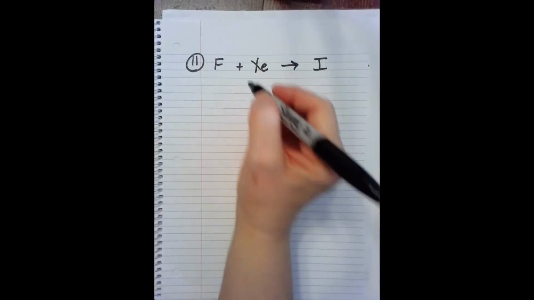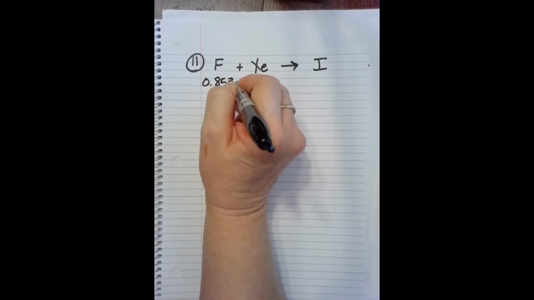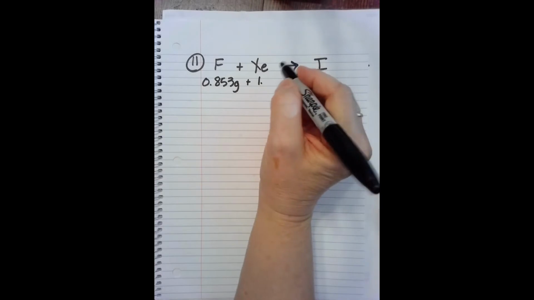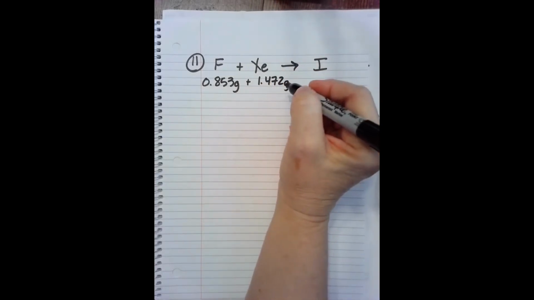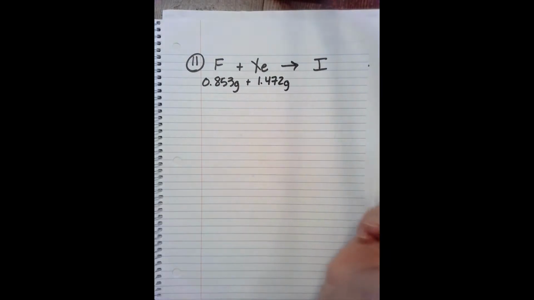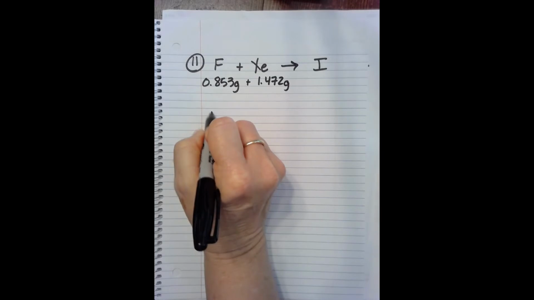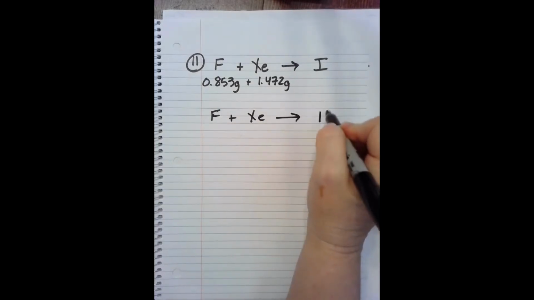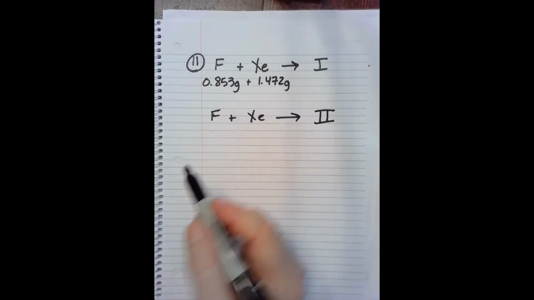In one compound, 0.853 grams of fluorine combines with 1.472 grams of xenon. And then in the next compound, I'm going to bring this one down here: fluorine plus xenon making compound 2, which we know it would be this, but we don't know how much of it makes it up.